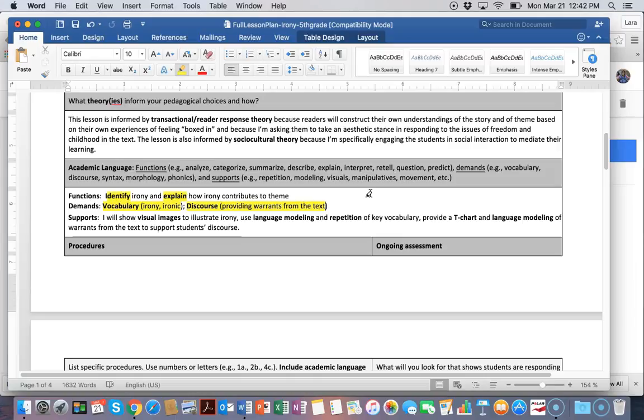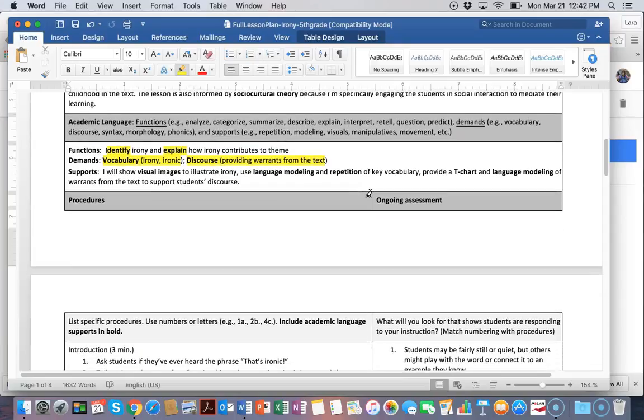So let's jump into academic language supports. There are specific things that I planned to do in this lesson to support the students in understanding and using the words irony and ironic, and to be able to explain how irony contributes to the theme, in other words, discourse. The first thing I did is I used lots of visuals.